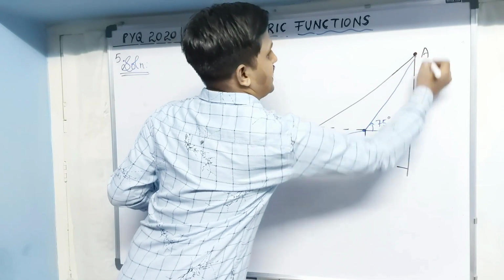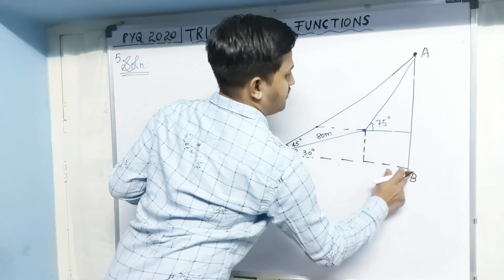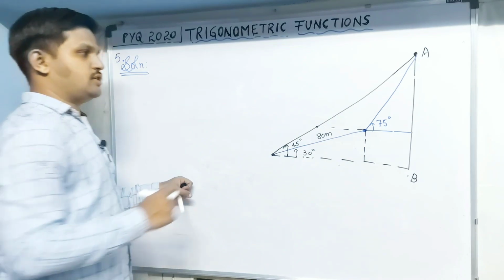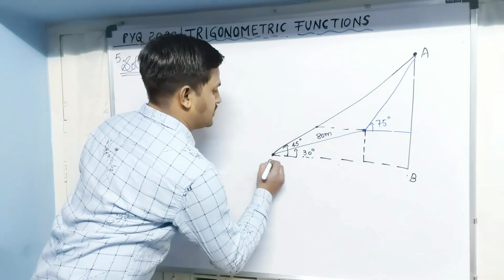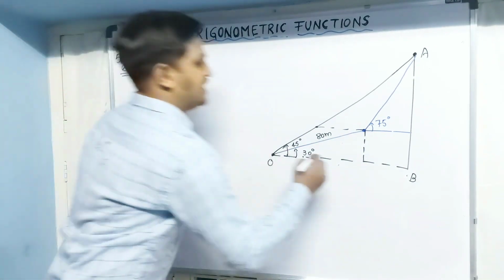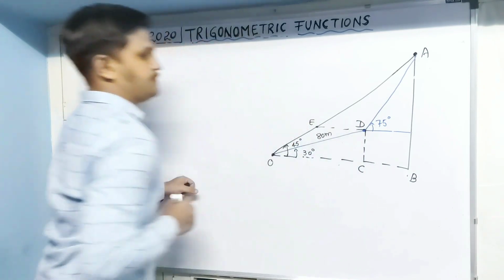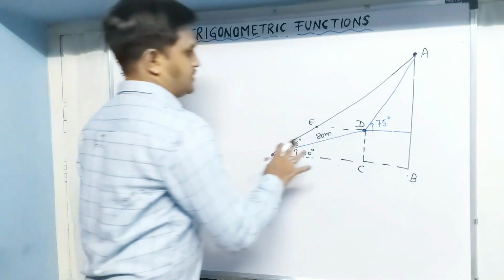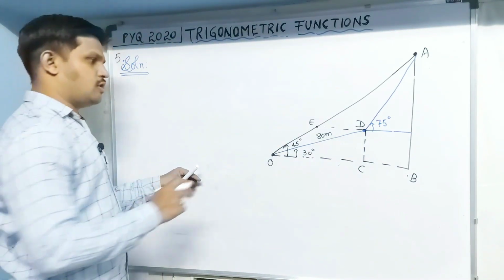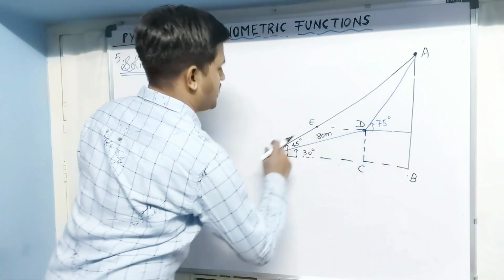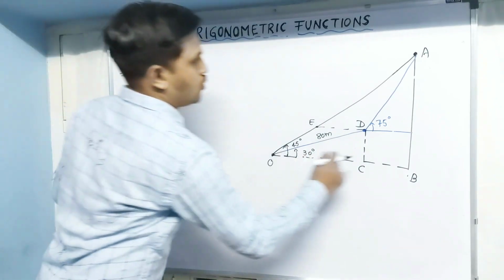Let us write AB as the height of the hill, let me make this point O, and let us write the other points as C, D, and E. Okay, let's simplify this. Let us take this triangle first, the big triangle OBA.